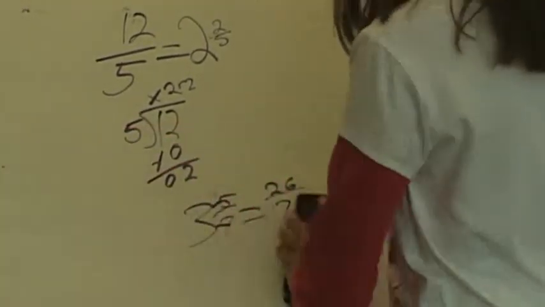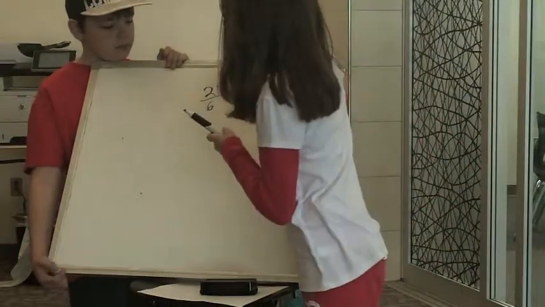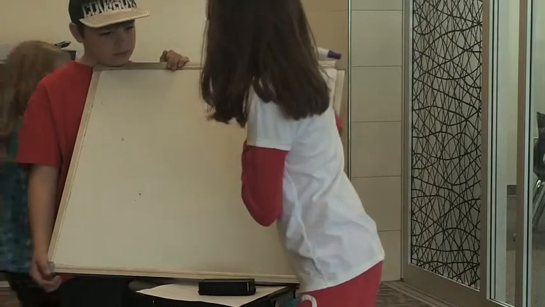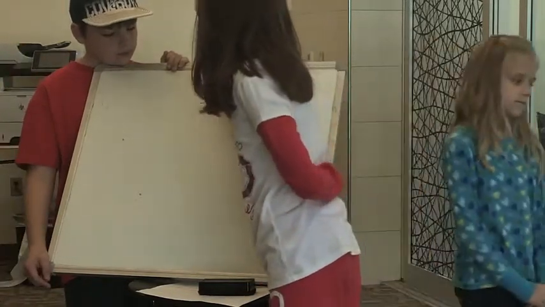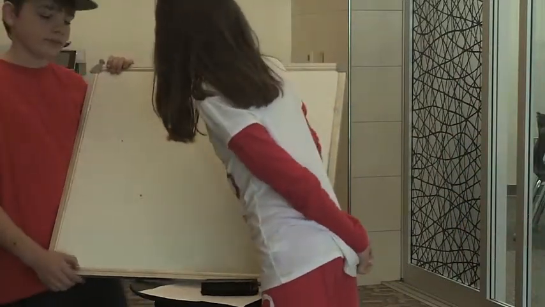Also, I learned how to find equivalent fractions. Here's a trick that my dad taught me. Let's take 2/6, for example. They're both divisible by 2. So 2 divided by 2 equals 1, and 6 divided by 2 equals 3.